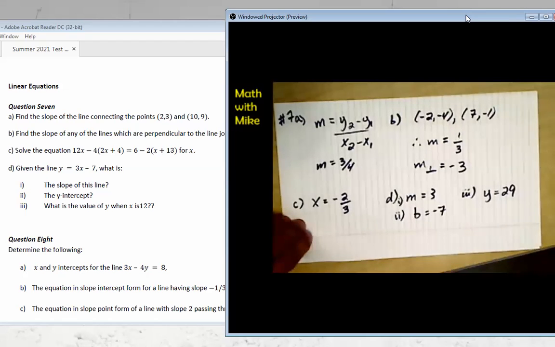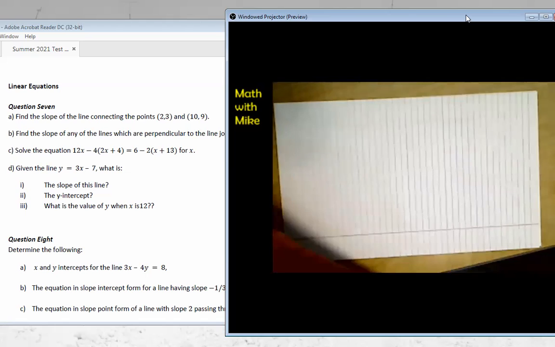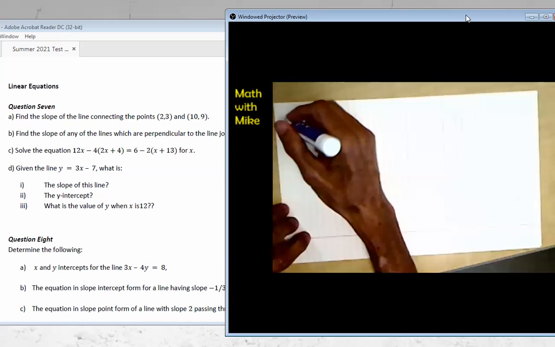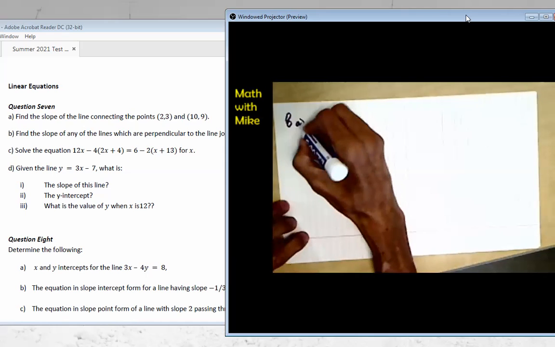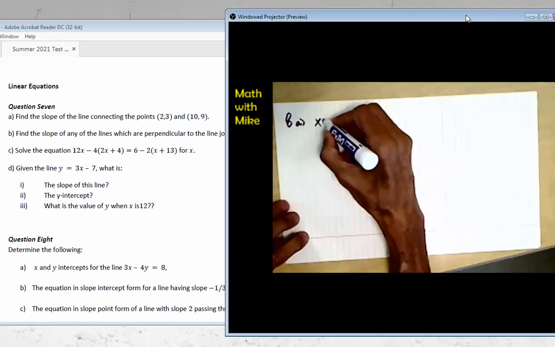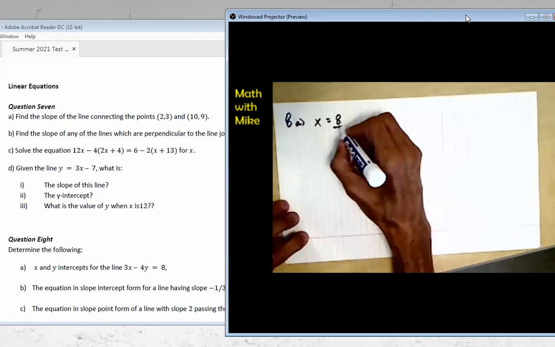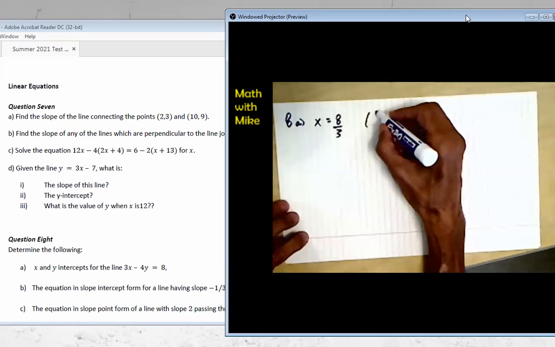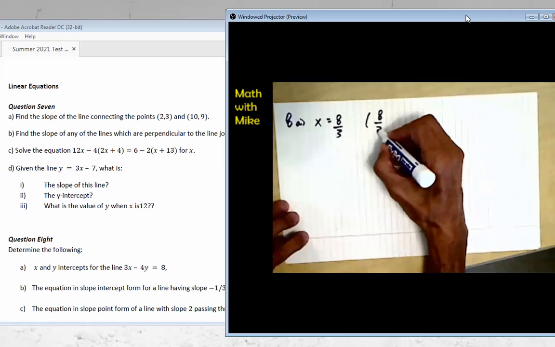All right, question 8 is kind of on there. For question 8a, the x-intercept is at 8/3, which means you'll have the coordinates 8/3 and 0.